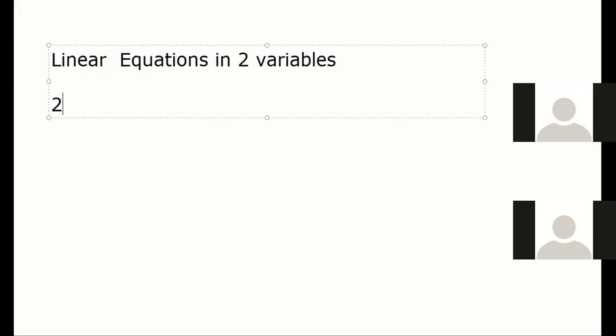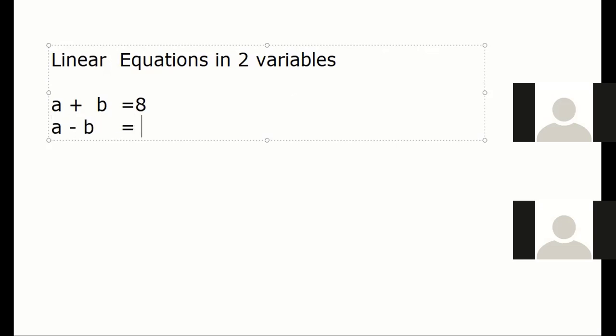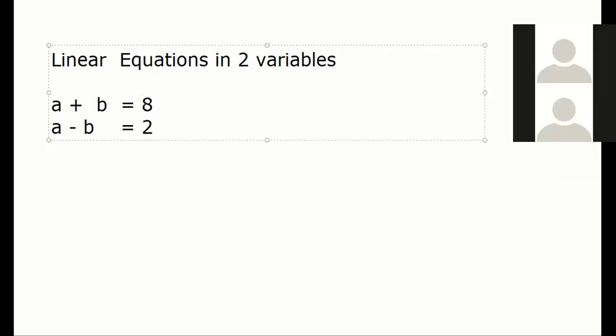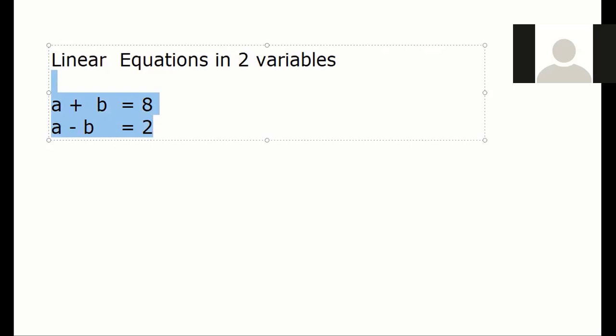So suppose I give you the simplest equations: a plus b equal to 8 and a minus b equal to say 2. Both are linear equations? Yes. Two variable equations? Yes. So because they are two variable equations, we need two equations together to solve it. Solution means you get the value of the variables. That is the meaning of solution of an equation.